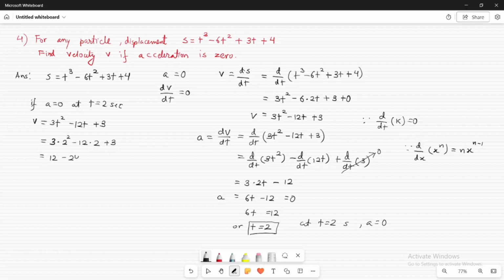That is 3 into 4, 12, minus 24 plus 3. That is minus 9 meters per second. So the value of velocity at the instant when acceleration equals 0 is minus 9 meters per second.